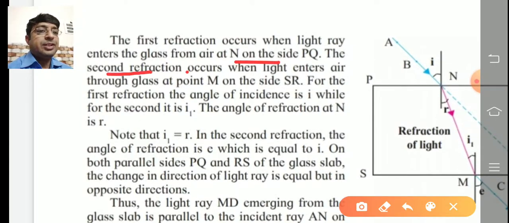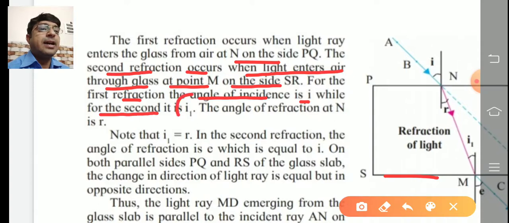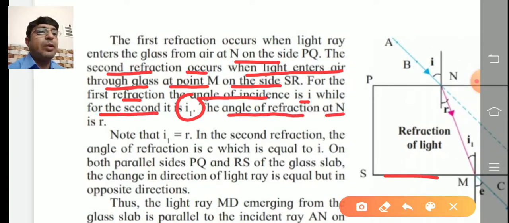The second refraction occurs when the light ray enters air through glass at point M on the side SR. For the first refraction, the angle of incidence is i, while for the second it is i1, as shown in the diagram. The angle of refraction at point N is a small r.